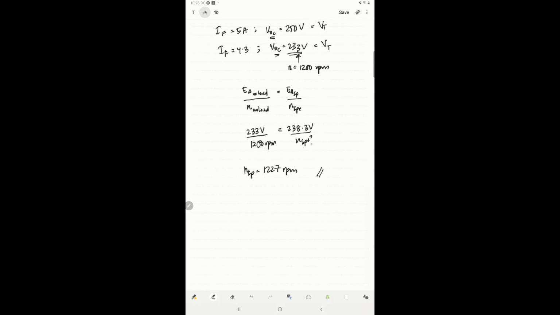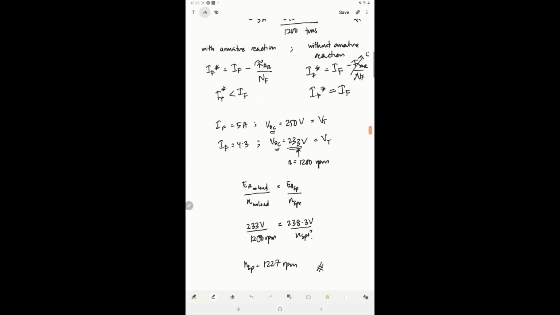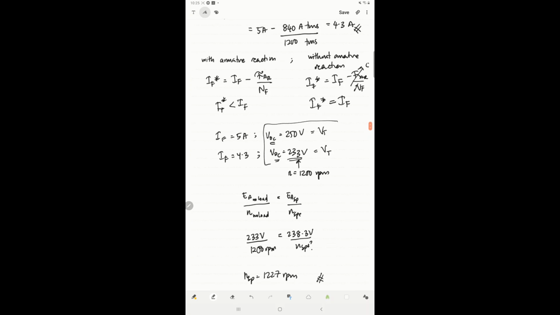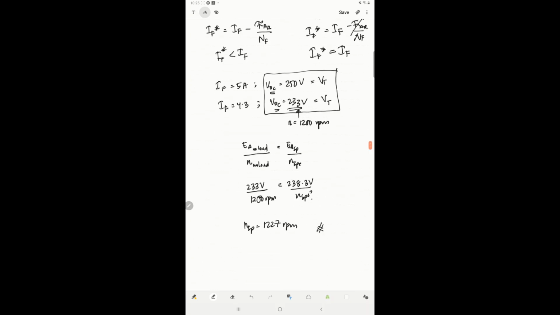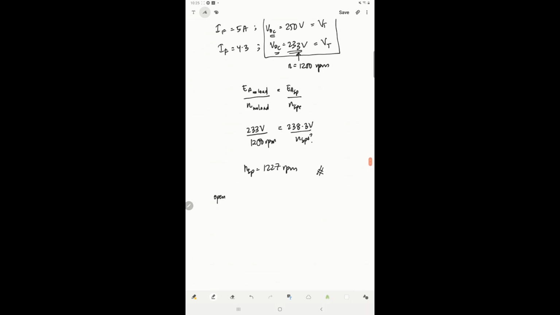I hope this doesn't confuse you, especially this term, the open circuit terminal voltage. Open circuit means there is no current flow inside the circuit. Remember, we have EA, and then we have RA, and then we have R total for the field, and then we have a terminal voltage here.